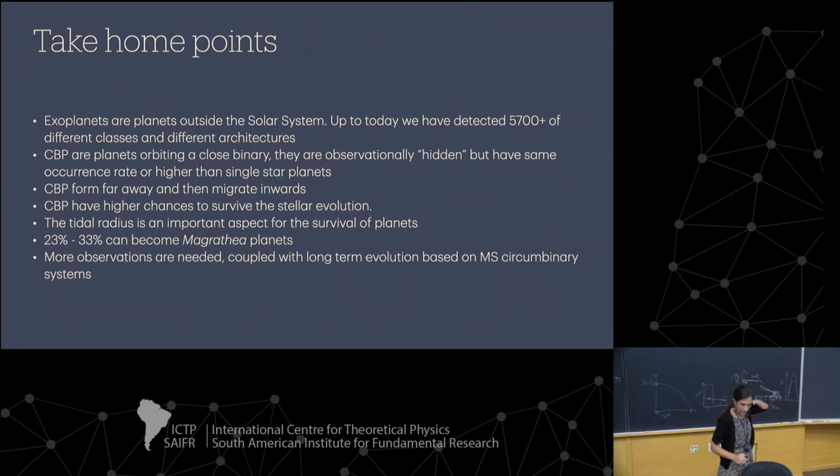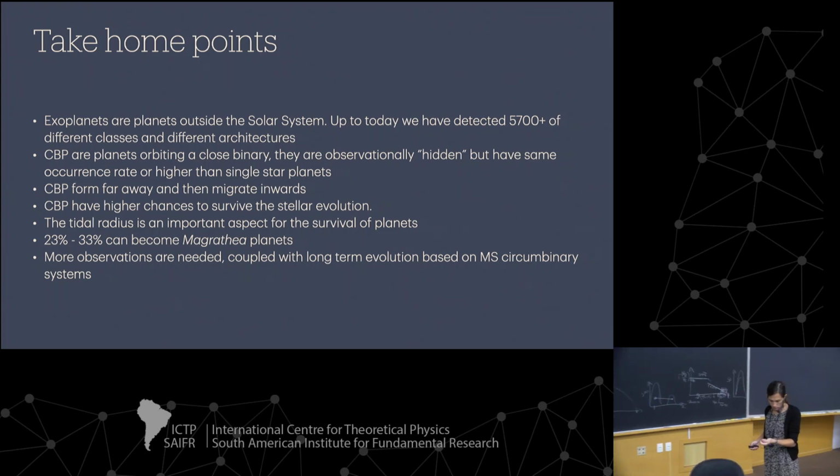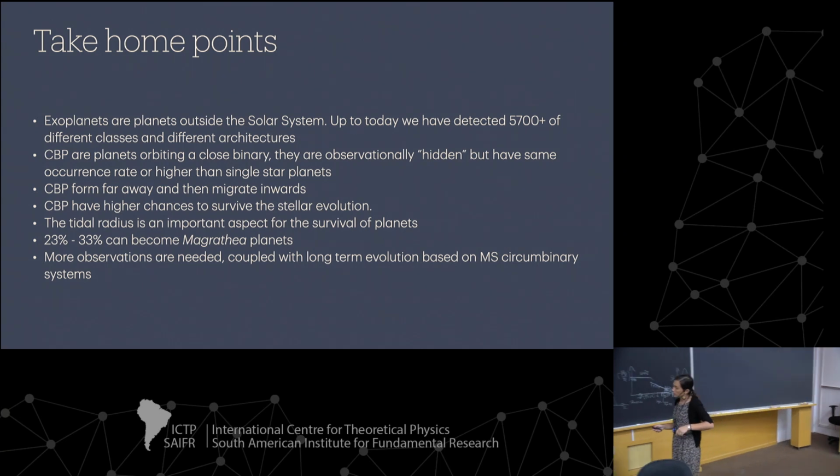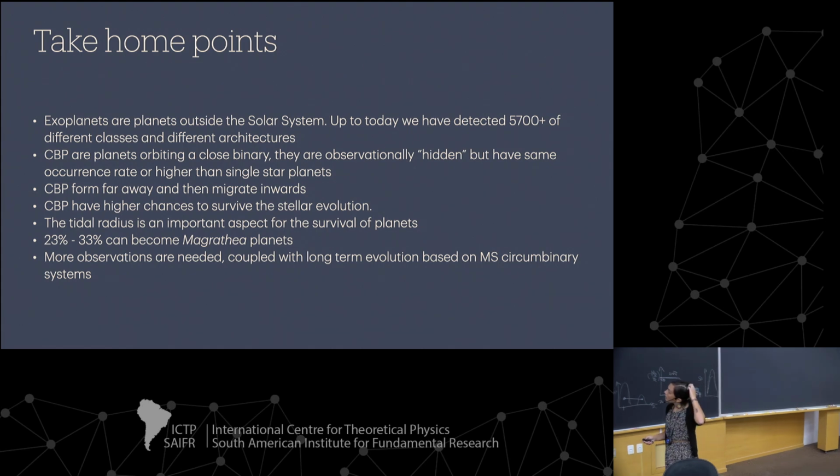So very quickly, take-home points, and then we go to the LISA thing. Well, I guess you know now what exoplanets are, right? OK, the circumbinary planets form far away and then migrate inwards. They have higher chances to survive. The tidal radius is really something important to consider for survival.